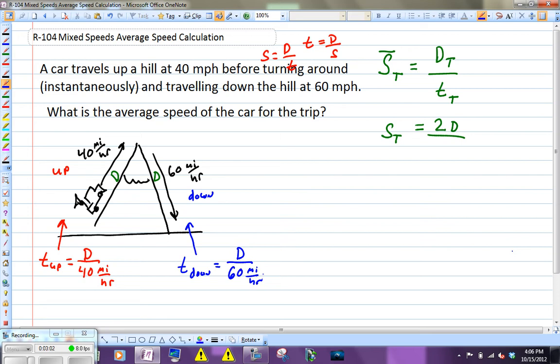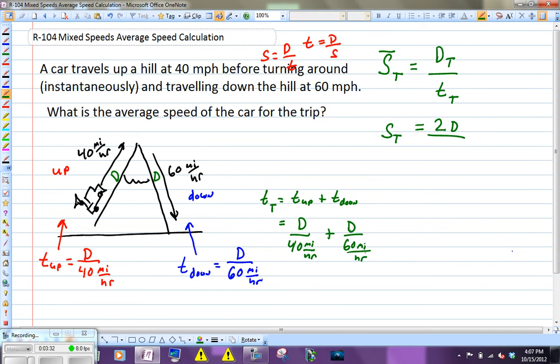So if we want to get the total time, that total time is going to be equal to time 1, or time up, plus time 2, or time down. So that's going to be d over 40 miles an hour plus d over 60 miles an hour.